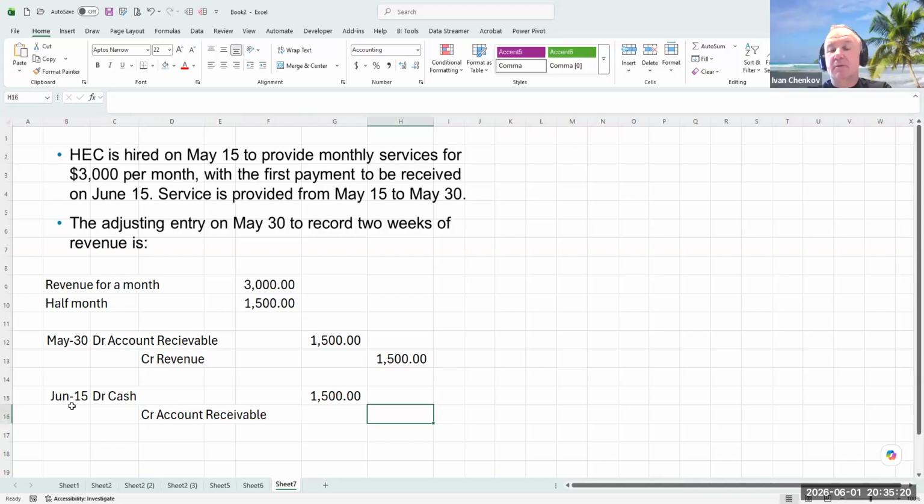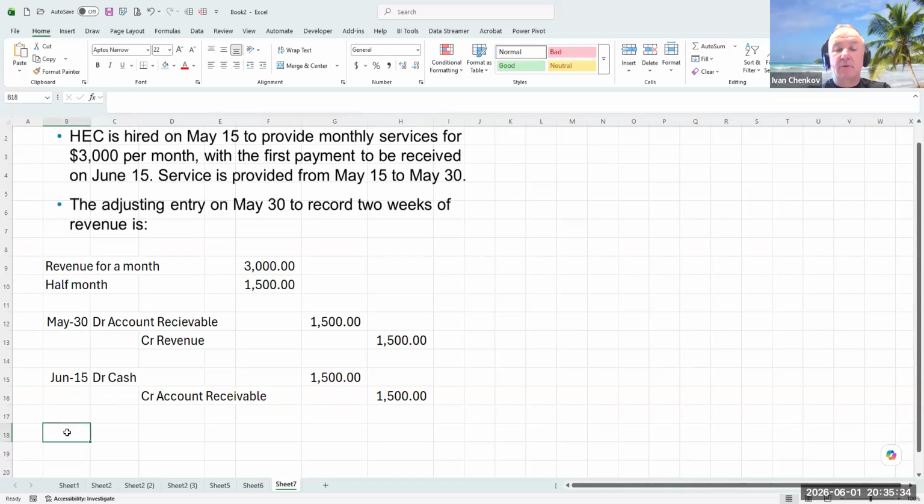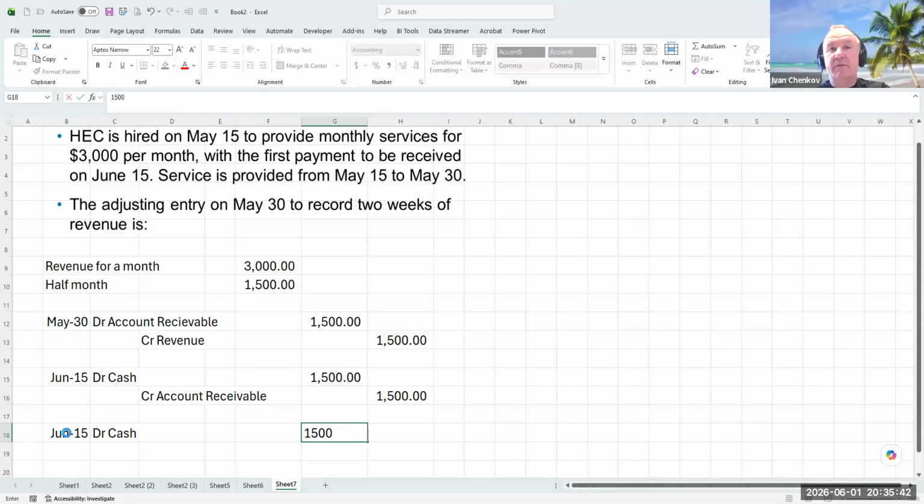1,500 here, 1,500. Now, also what happened on June 15th, we provided the second part of the month's revenue, so we can collect that cash too. On June 15th, we can also collect the other part of the cash, which is for the full contract, 1,500.